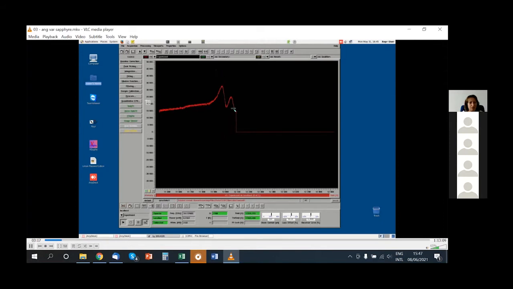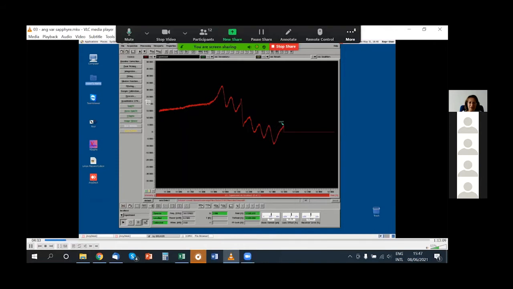Normally we take more time to record the spectrum, but here they are quite fast, and even faster because I have increased the speed.